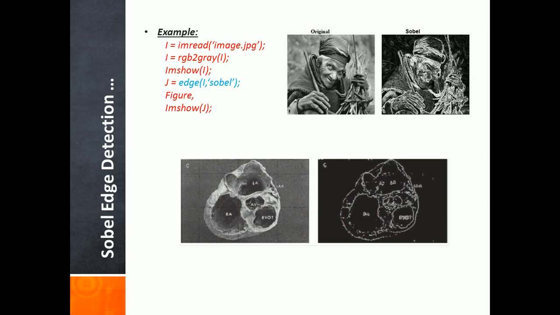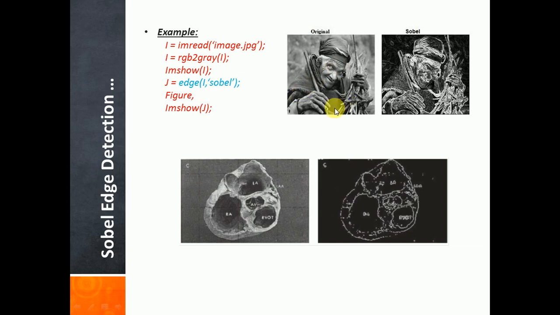But if you intended to use Laplacian of Gaussian, you would simply put within single quotation marks LOG. If you wanted to use the Canny edge detection method, within single quotation marks you would simply put canny. So in one sense, the primary function in MATLAB for edge detection is the function edge. We give the image and then you specify what type of edge detection you're really interested in.